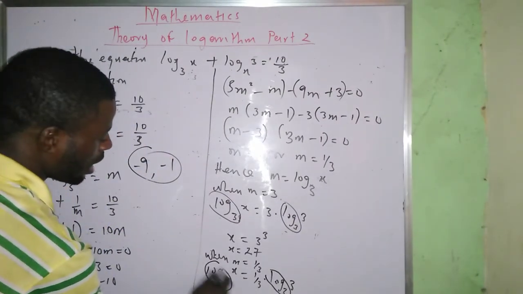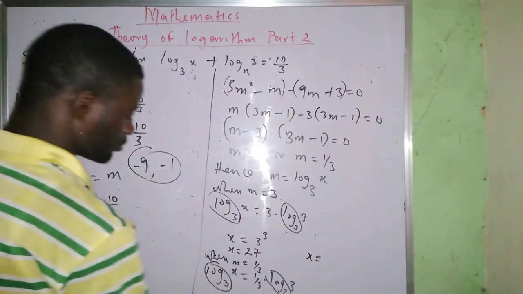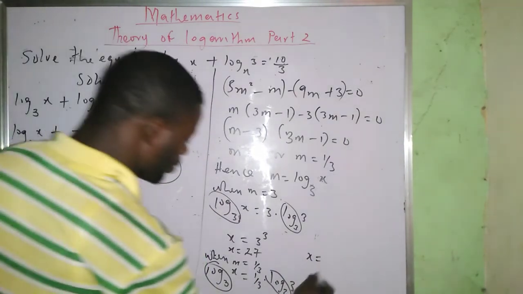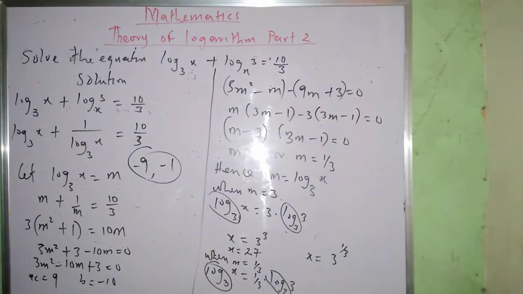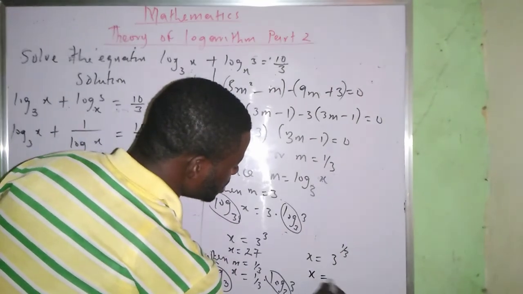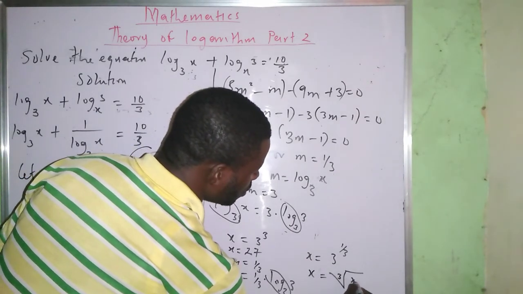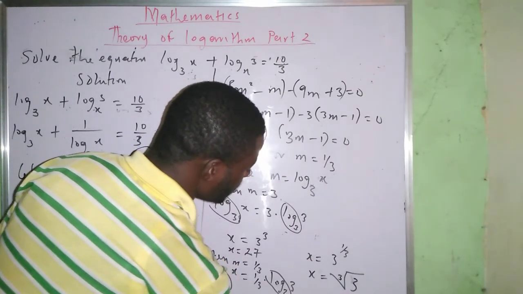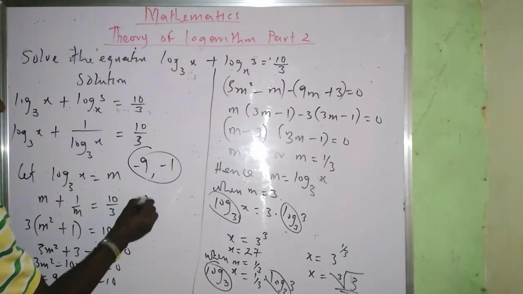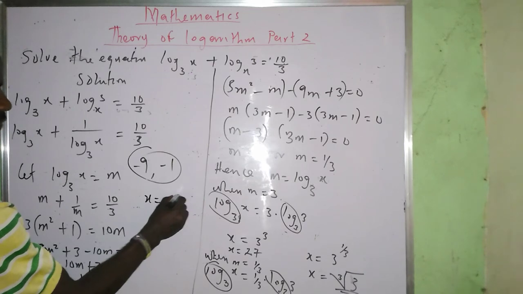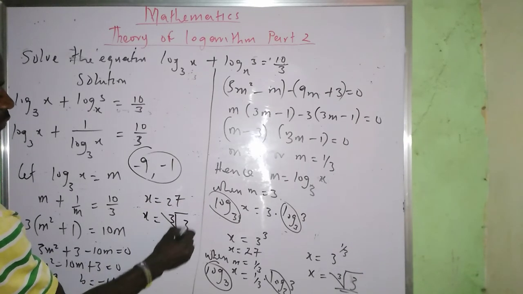Since these are equal, it means my x equals 3 raised to power 1 all over 3, which also implies the cube root of 3. That is my final. Now, my possible values are: x equals 27 and also x equals cube root of 3.